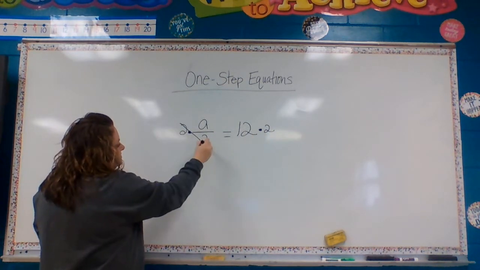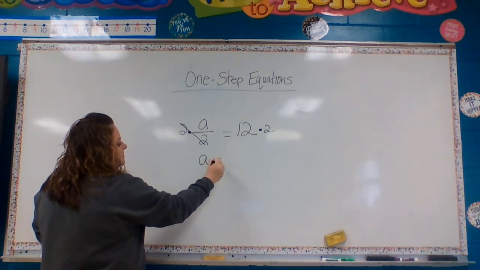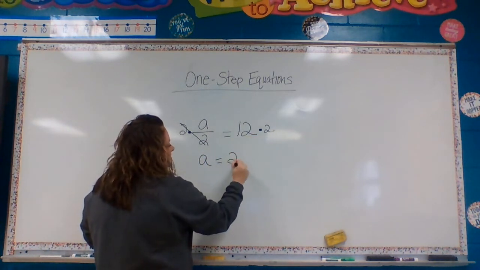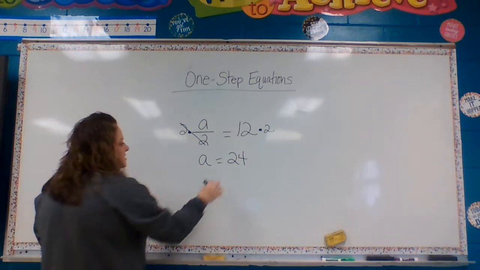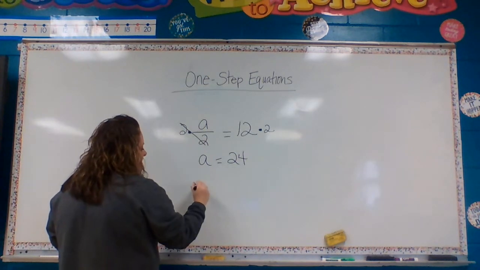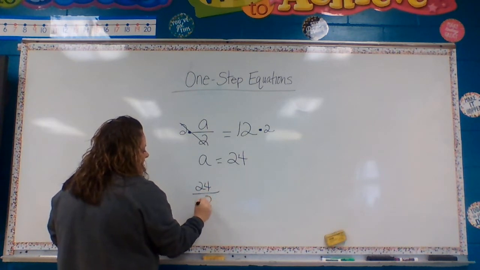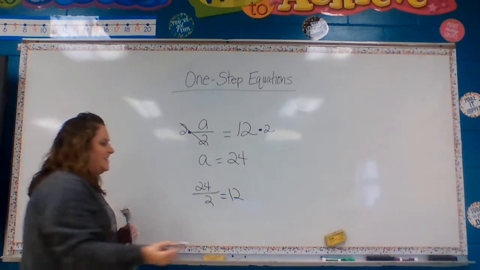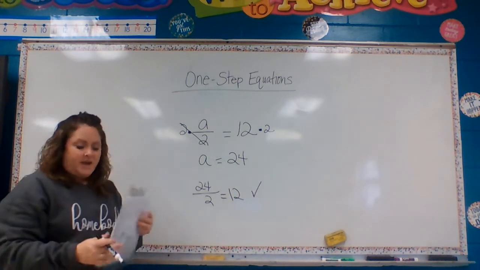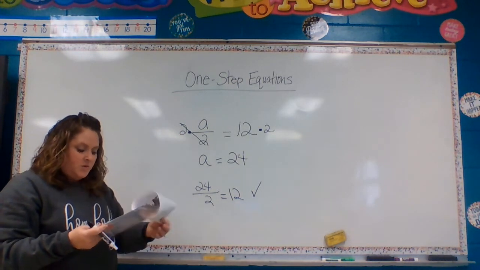These 2s cancel, leaves me with an a. 12 times 2 is 24. Now let's plug it in to see if it checks. I plug my 24 into a, and it would be 24 divided by 2 equals 12. Is that correct? It is. So we checked, okay? Let's do one more.